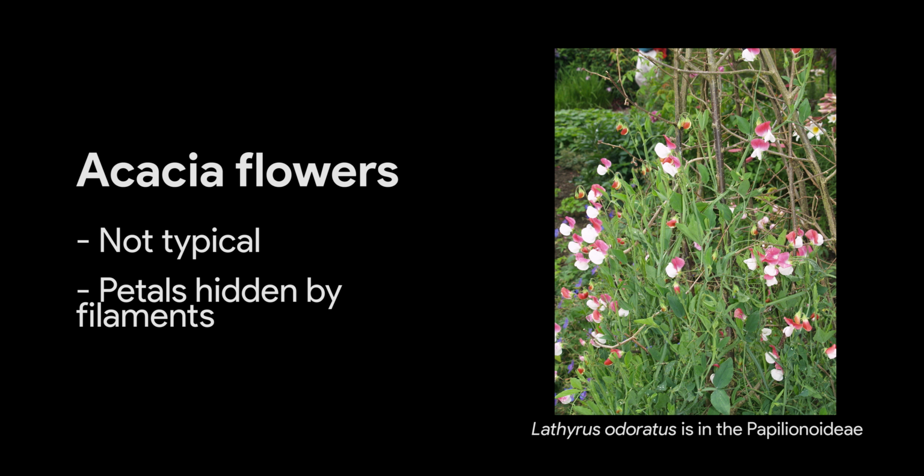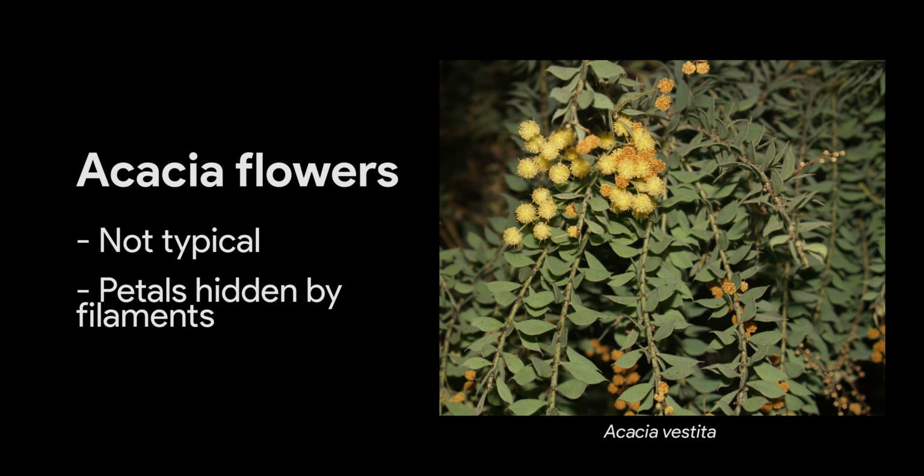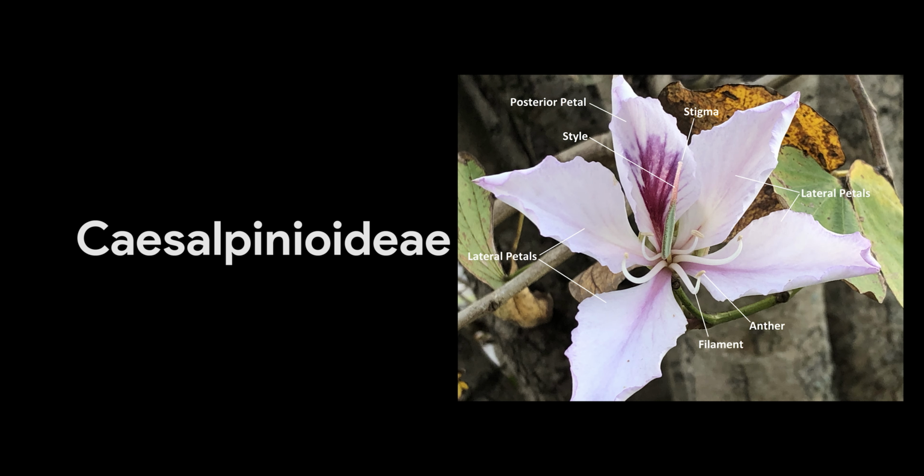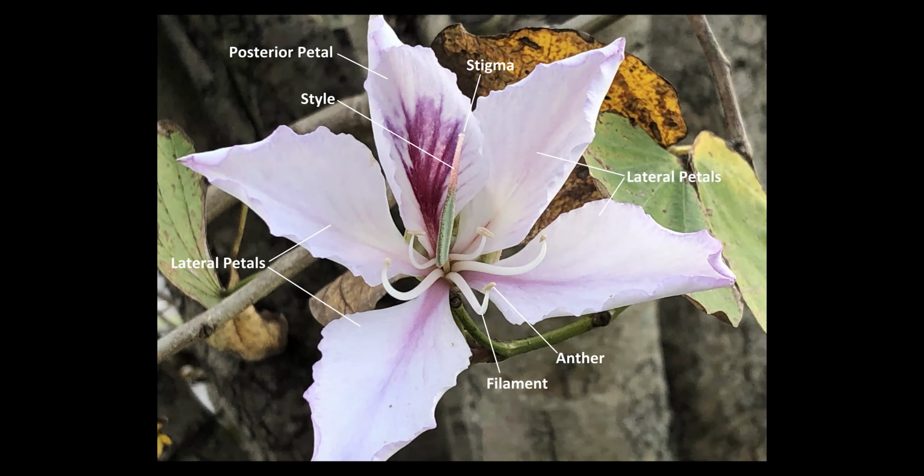Papilionoideae has a typical pea flower with prominent petals. Mimosoideae, though, have small, insignificant petals hidden by a mass of long filaments. Caesalpinoideae flowers are different again, but still have 5 petals and produce fruits that are pods.